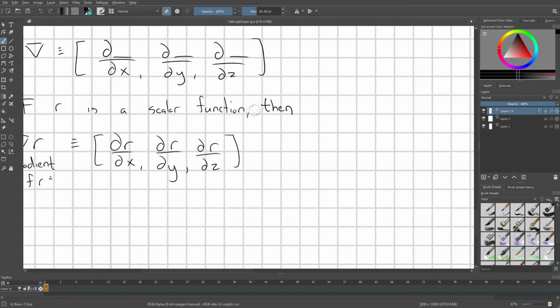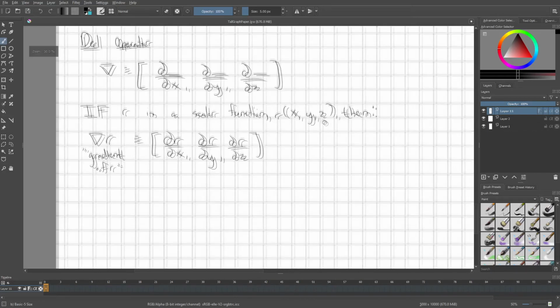Now let's just be super explicit in this first statement and clarify that r is specifically a function of x, y, and z here.